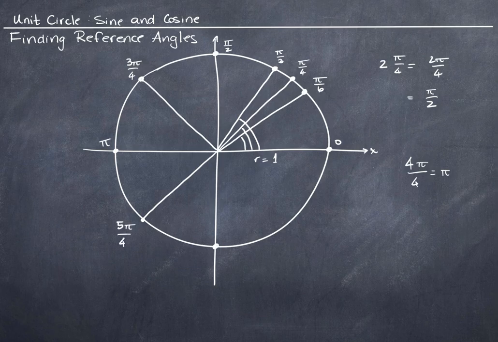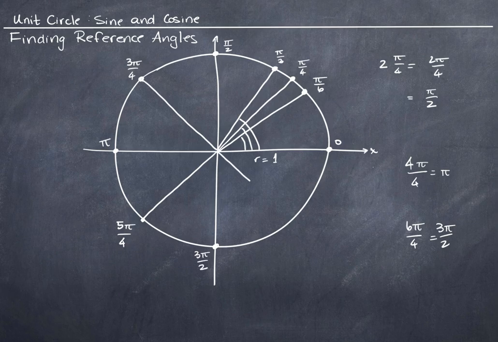This one here, remembering that this line segment right here is bisecting the third quadrant, these two angles are the same. So this is the 5th copy of pi over 4. This one's going to be the 6th copy of pi over 4. And 6 pi over 4 reduces to 3 pi over 2. So this is 3 pi over 2.